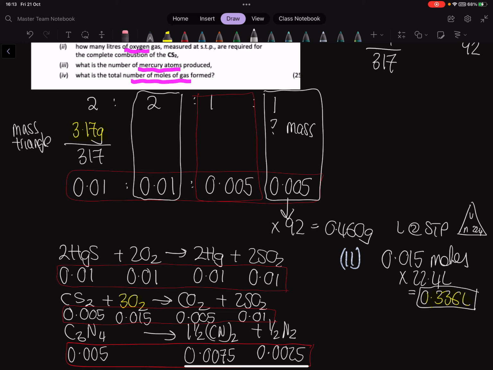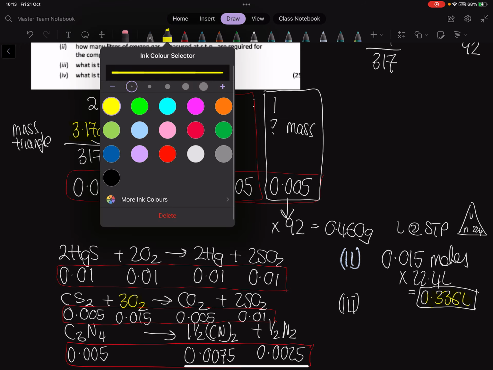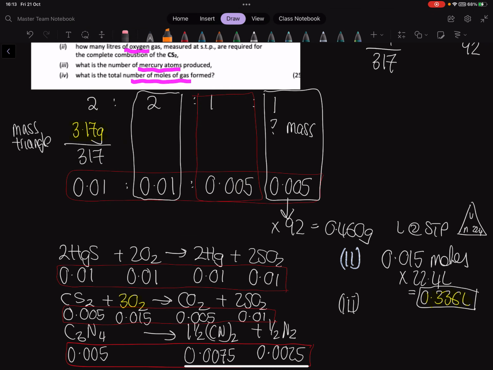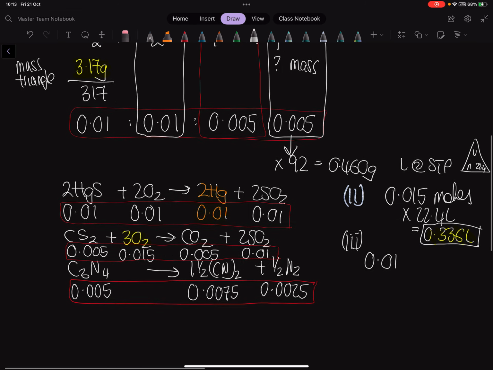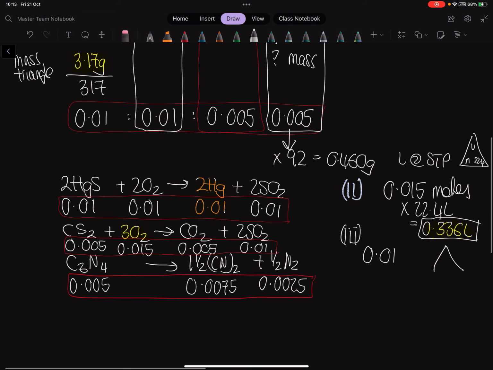Number 3 is asking for what is the total number of mercury atoms produced. So we're looking across those 3 bottom equations, and the only one that has mercury atoms in it is this top one. These are our mercury atoms, so it's telling me the moles I need to use are 0.01. It's atoms, so we are now looking at our particle triangle.